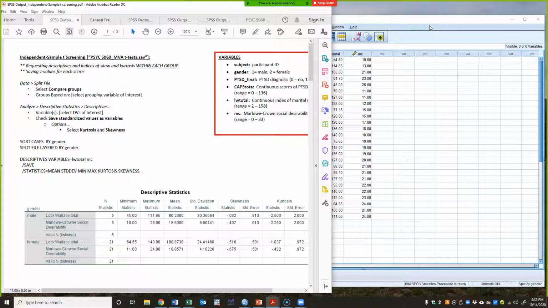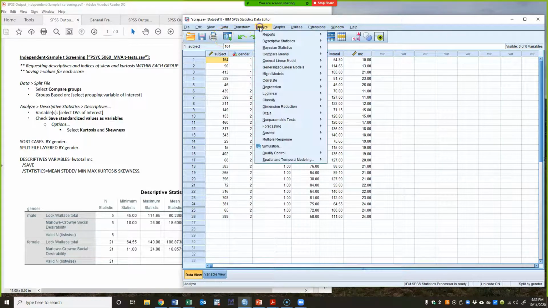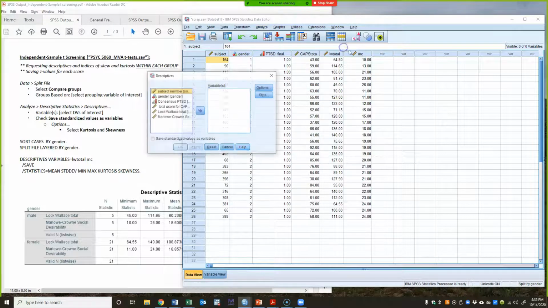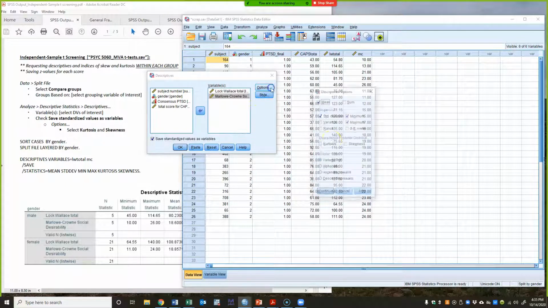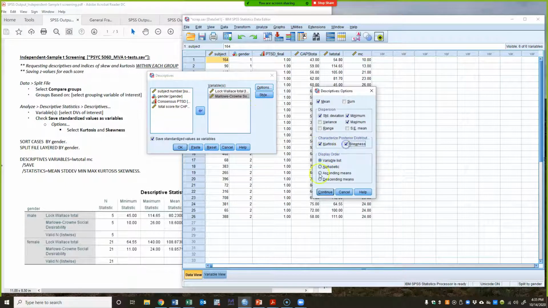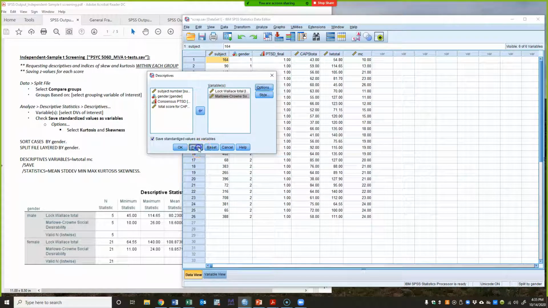Okay. So now I'm going to go to analyze, descriptive statistics, descriptives. I'm going to look at my Locke-Wallace and my Marlowe-Crowne. I'm going to save standardized values as variables. I'm going to go to options and request my skew and kurtosis, hit continue, and paste.